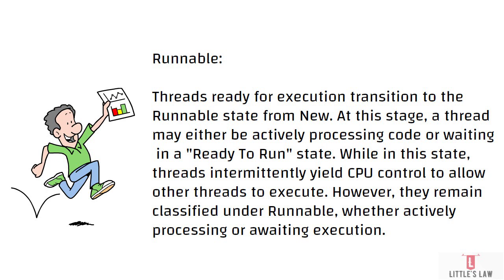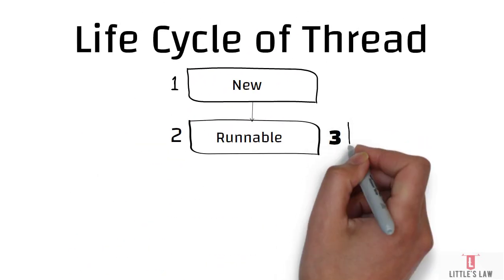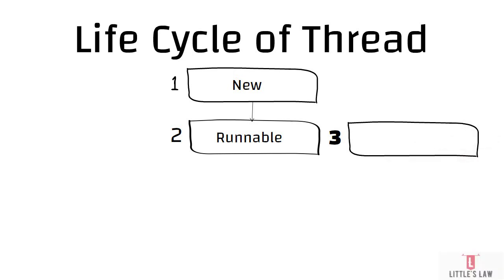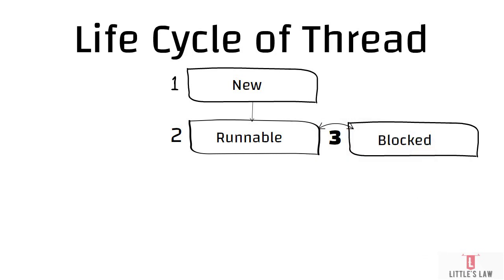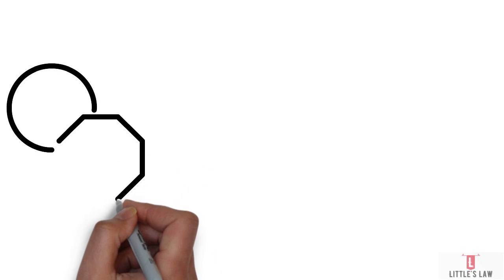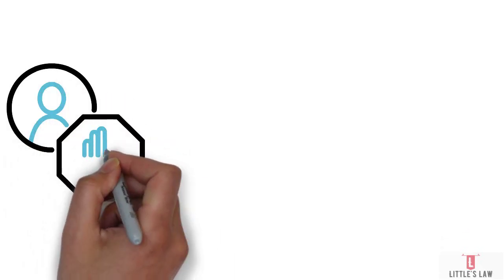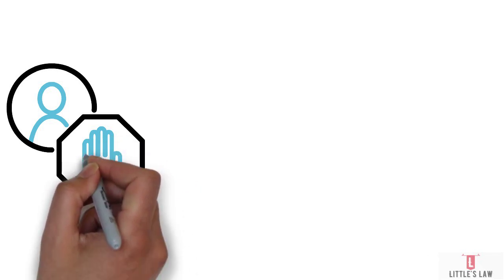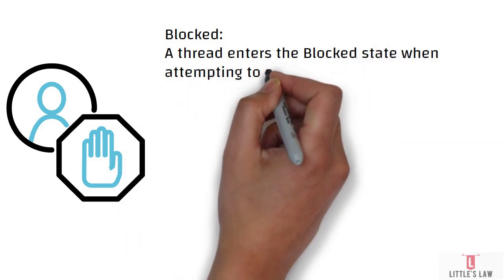Now moving on to the third state, which is the blocked. A thread enters the blocked state when it attempts to access a locked section of code which is held by another thread.